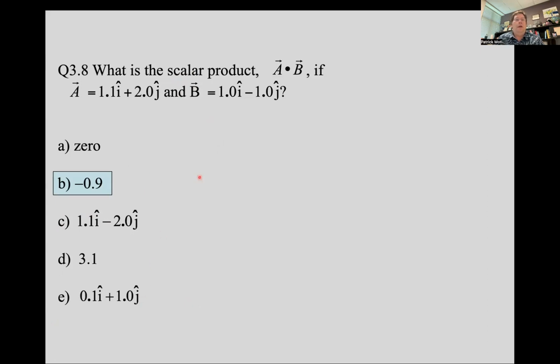All right, so then we're doing this component-wise. So 1.1 times 1 is 1.1, and 2 times minus 1 is minus 2. So 1.1 minus 2 is minus 0.9. So it's using our second way of calculating the scalar product since we are given the components.